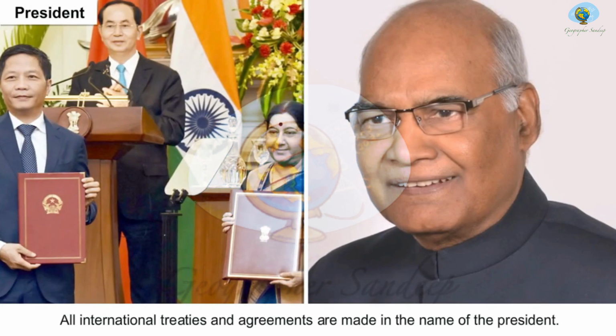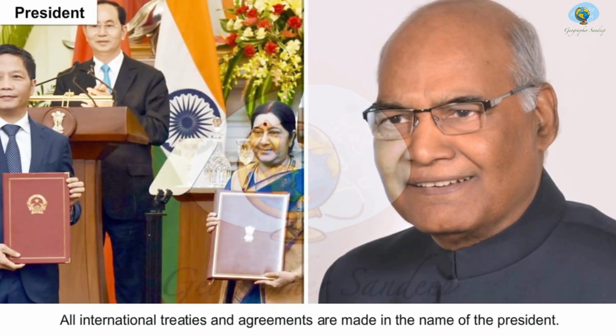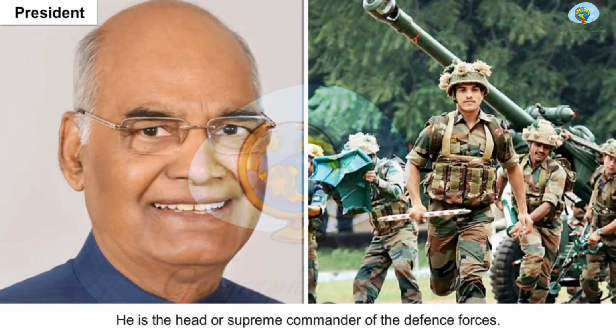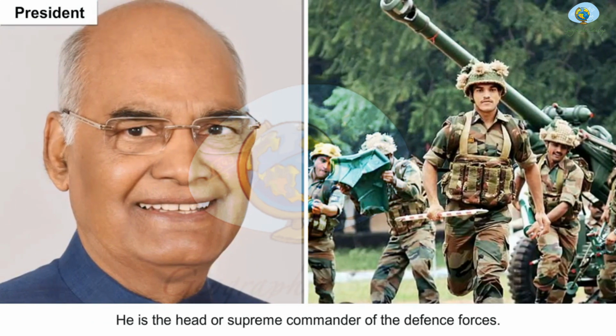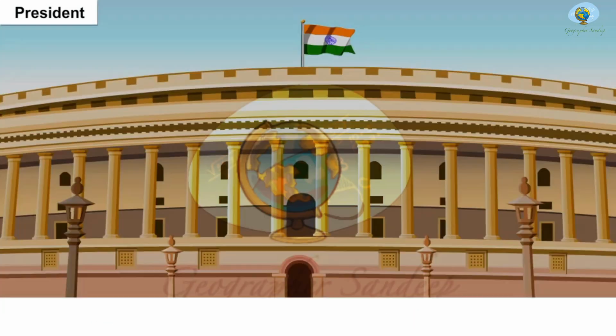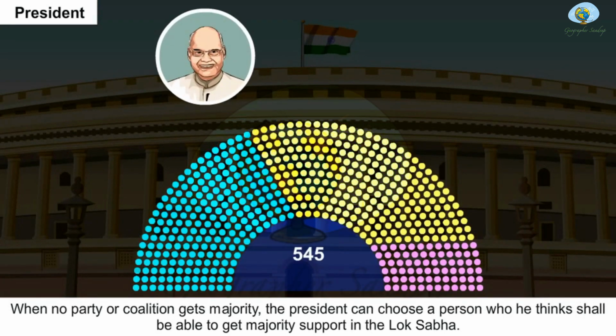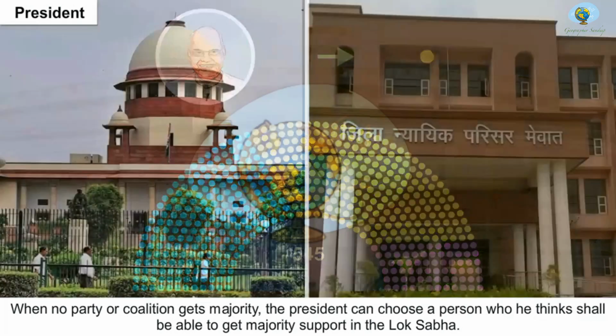All international treaties and agreements are made in the name of the President. He is the head or supreme commander of the defense forces. When no party or coalition gets majority, the President can choose a person who he thinks shall be able to get majority support in the Lok Sabha.